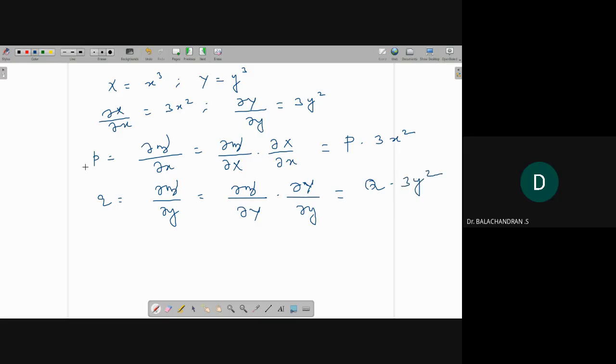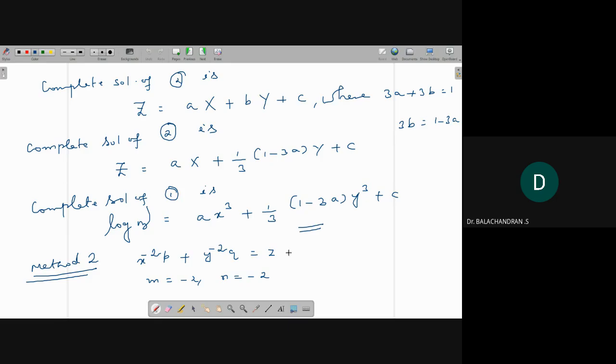From this equation, we have P into x power minus 2 is equal to 3P, and Q into y power minus 2 is equal to 3Q.